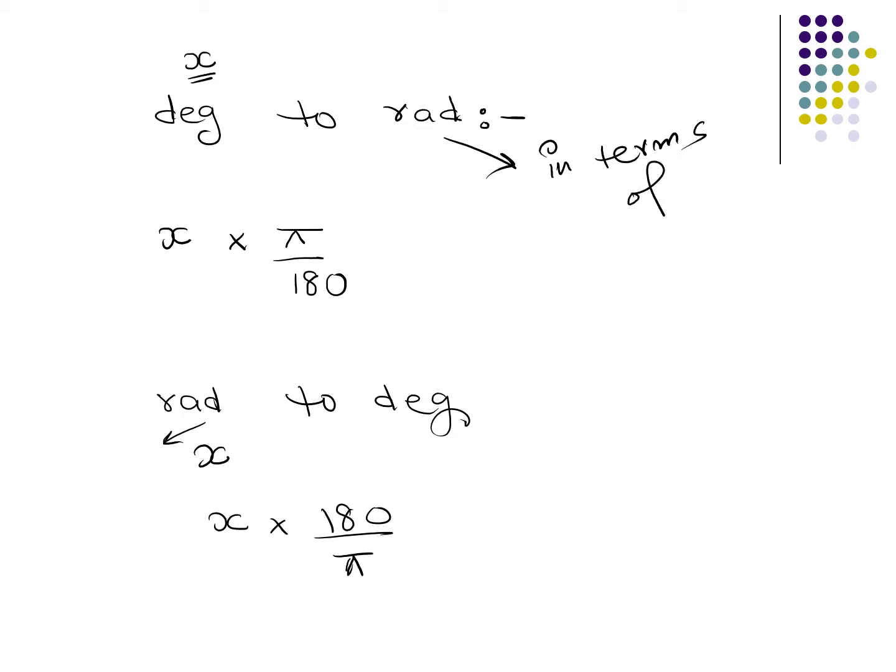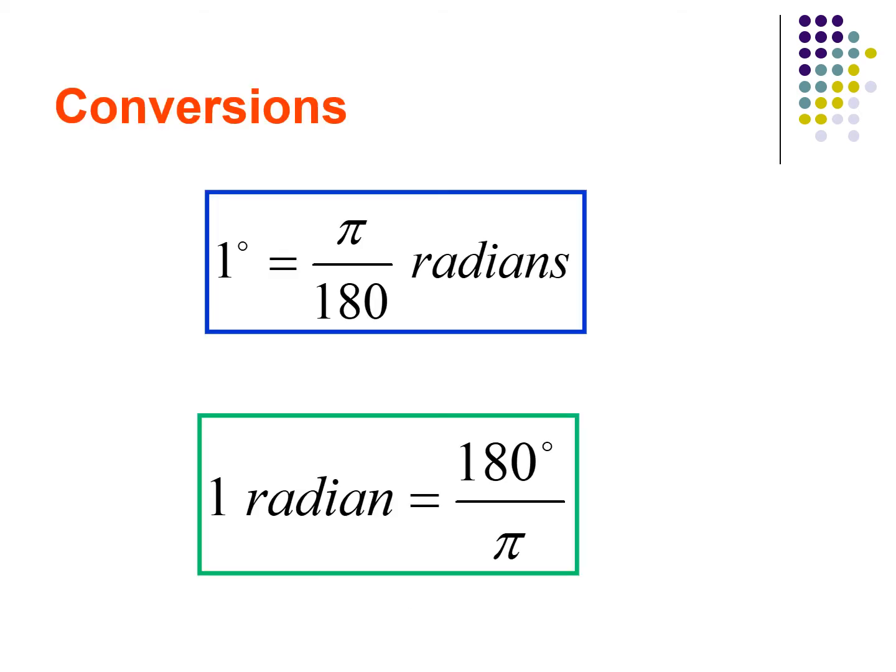So when converting to radians you are introducing pi, that's why pi is in the numerator. Here you have to get rid of pi, so no pi is required. Since radians already contain pi, if you write pi in the denominator, they will cancel with each other.